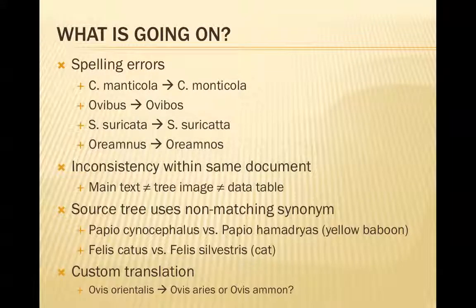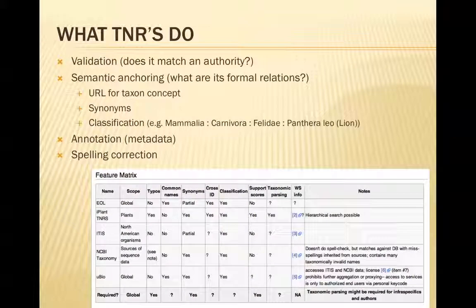So what we'd really like to have to make this convenient for users is a taxonomic name resolution service, so that you don't have to go to Google. And what a service could do, and we already saw an example of one of those, iDigBio, is validation, semantic anchoring, that is anchoring the name to a concept, to synonyms, and to a classification. Annotation and spelling correction.